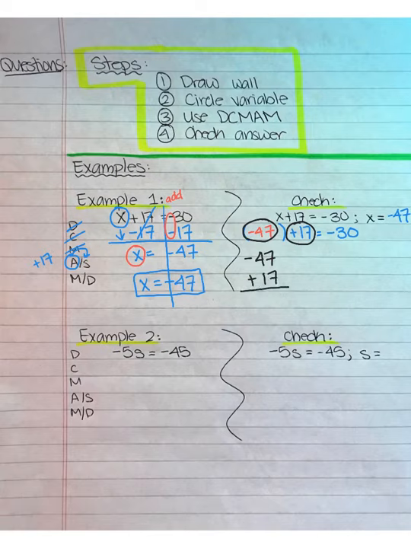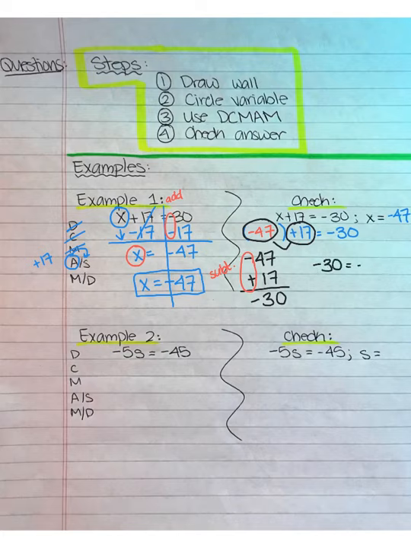And now I need to decide if I add or subtract. Well, since the signs are different, I am going to be subtracting the numbers. 7 minus 7 is 0. 4 minus 1 is 3. Take the sign of the bigger number, which is negative. So we know the value of negative 47 plus 17 is negative 30.